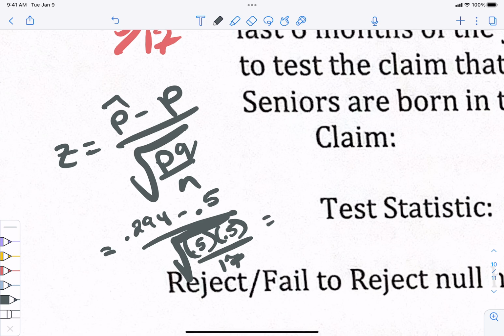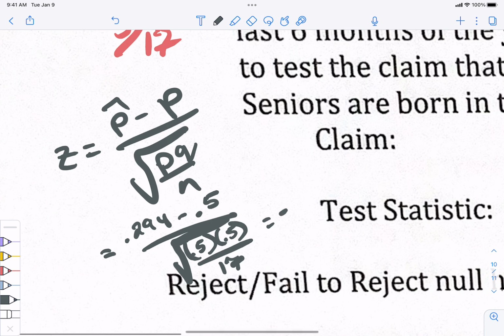Negative something big. Is it 1.68? No, it's not that big. I don't think I did that right. You're fine. Negative 1 point what? 6987, so like negative 1.70.